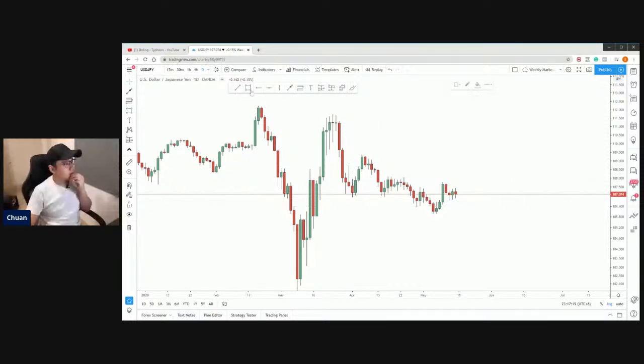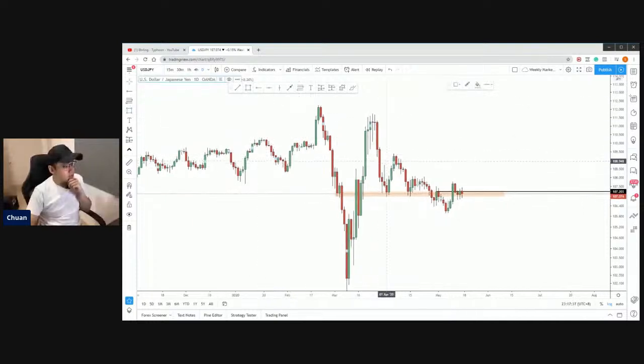On this daily chart, we can see that the market is on this structure, and the market has actually broken the swing point one of this daily chart. So the market is likely to retest the previous level of resistance here.